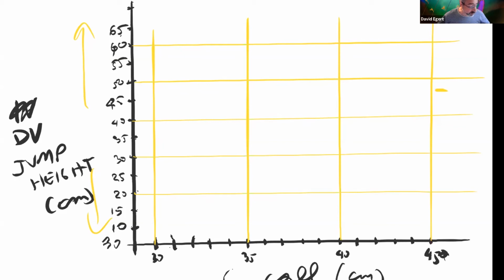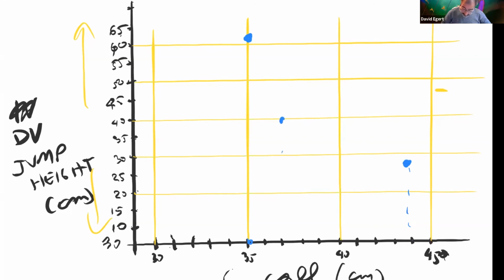So I'll just start. First person is 35 with a jump of 61. This first person is right there. The next one, calf is 44, jump is 27. That's right around here. The next one, 37, 40.